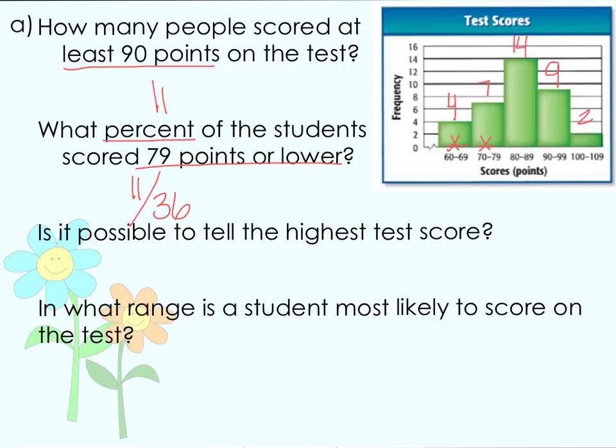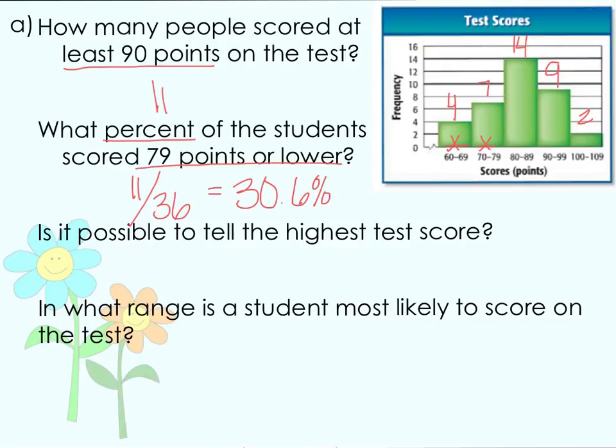But remember, from chapter 7, to turn a fraction into a percent, you're going to divide and times by 100 and round to the nearest tenth place. If I remember correctly, this one was 30.5, and I think it repeated. So rounding to the tenth place, 30.6%. So 30.6% of the kiddos scored 79 points or lower on this test.